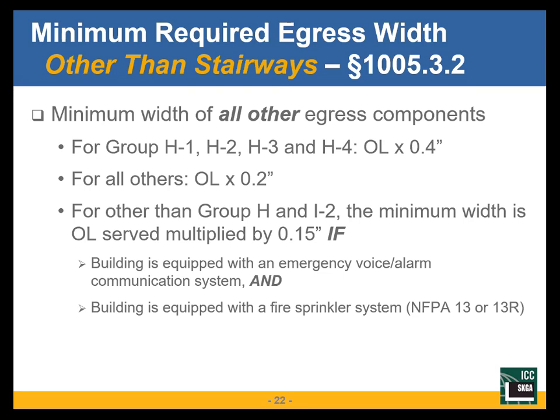So we widen out the stairway to accommodate that change in speed. We widen out the stairway, we get back down to a flat level surface, we go back to the 0.2. So when it's not a stairway, we use 0.2 inches per person. The same allowance applies that if the building is sprinklered and has an emergency voice alarm communication system, I can reduce that to 0.15.